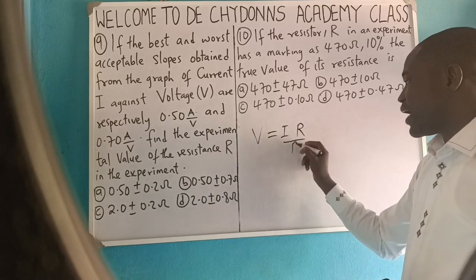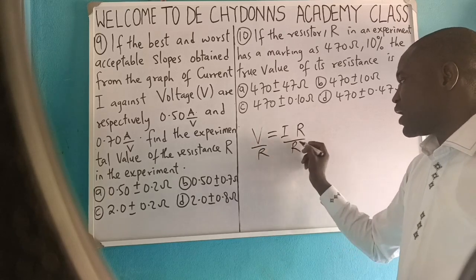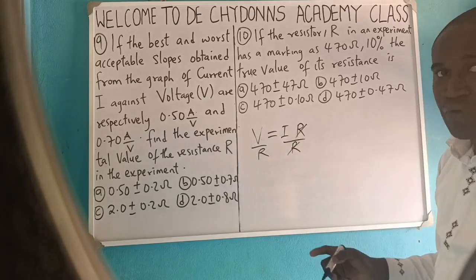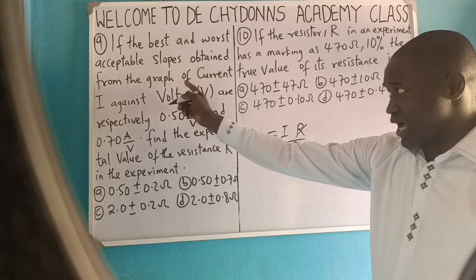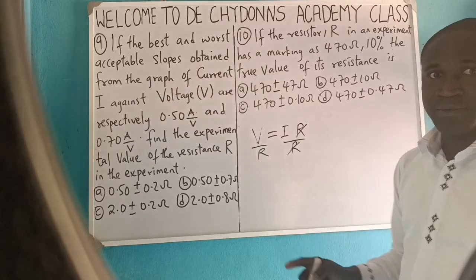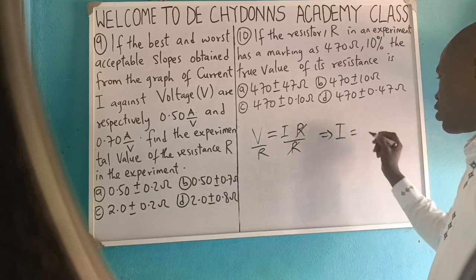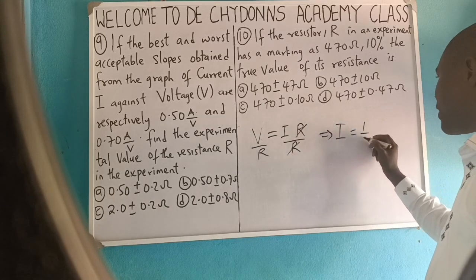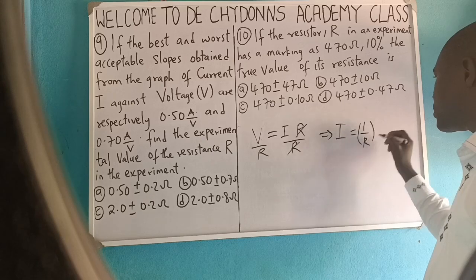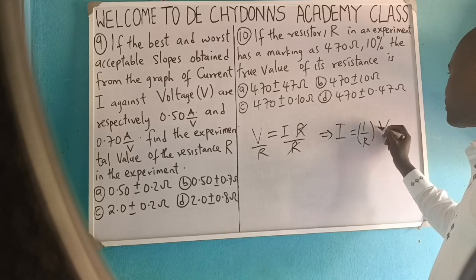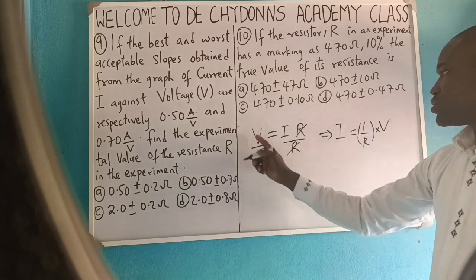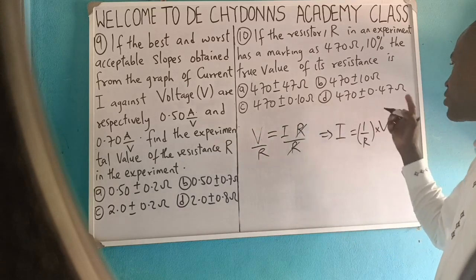You divide by R. I am making I the subject because we plotted a graph of current against voltage. And so you'll have I equals 1 over R times V, because V over R means 1 over R times V.